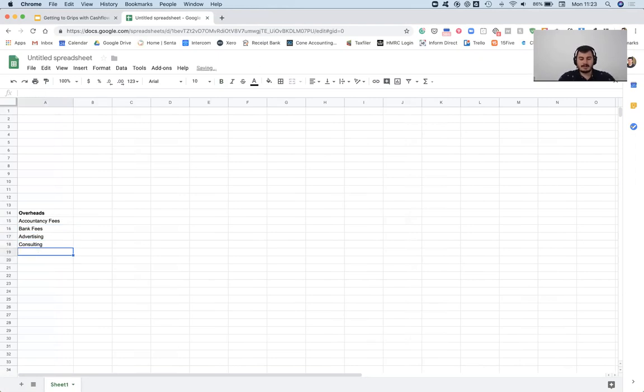So you'd have O2 instead of telephone, and you'd have Cone instead of accountancy fees, or whatever it might be. You'd be granular with the supplier name, because you might have multiple spends within these accounts. And you want to really see who the culprits are, who's making up that spend, what the value is, what you're spending month on month.